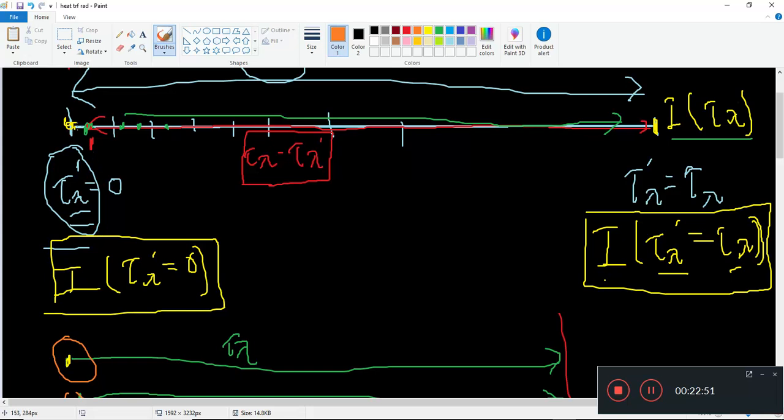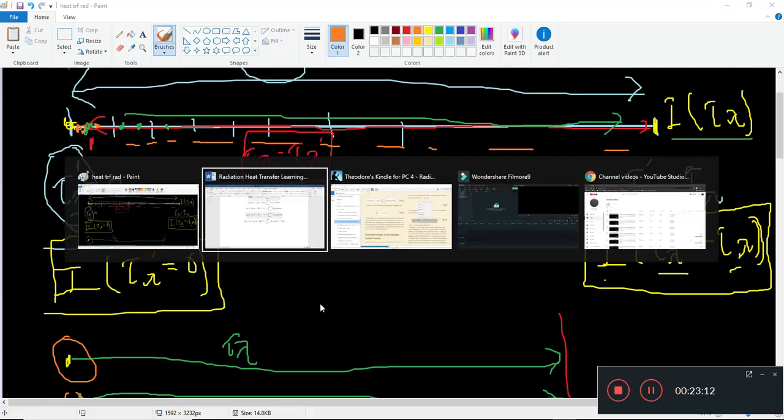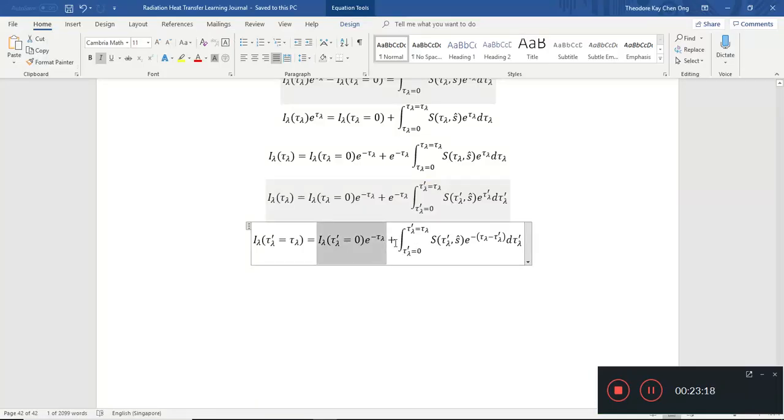So there will be a bit of emission and scattering here, a bit here, a bit here, and you go all the way through this whole line. Basically, the whole line can be so-called dotted with a lot of sources, and you have to add up the contribution of each of them. When you sum this all up, it is basically the integral that you see here.